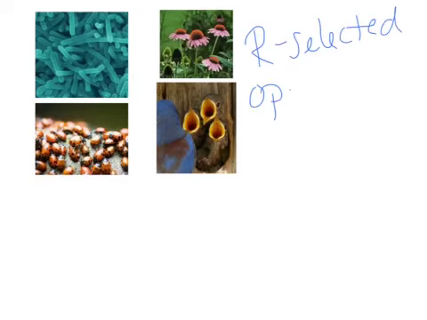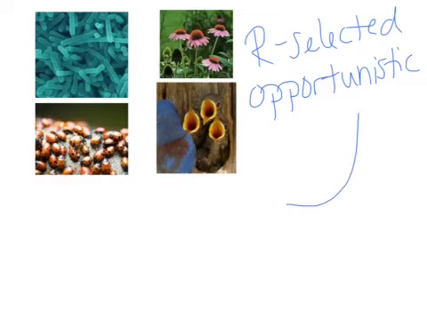These organisms here are examples of what are called r-selected or opportunistic organisms. And what that means is that these are going to grow with that exponential growth usually.